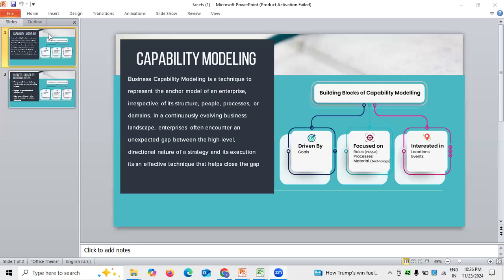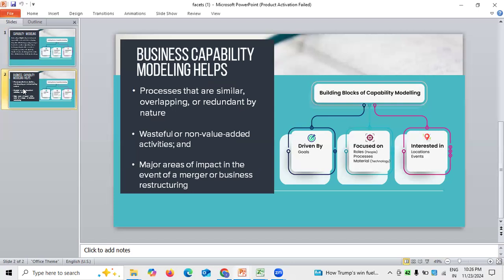Now, we need to understand how this business capability modeling is helpful for organizations. I'm talking about healthcare organizations at the enterprise level. One, it reduces processes that are similar, overlapping or redundant by nature.